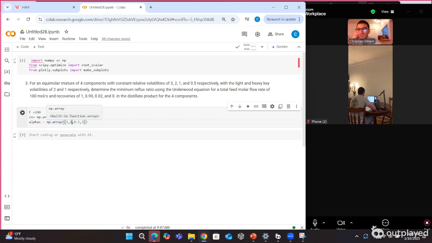You'd want to go from lightest to heaviest, and I'll go back and double check that. Oh wait, if it's higher, then it's more volatile. So yeah, it would be in this order.